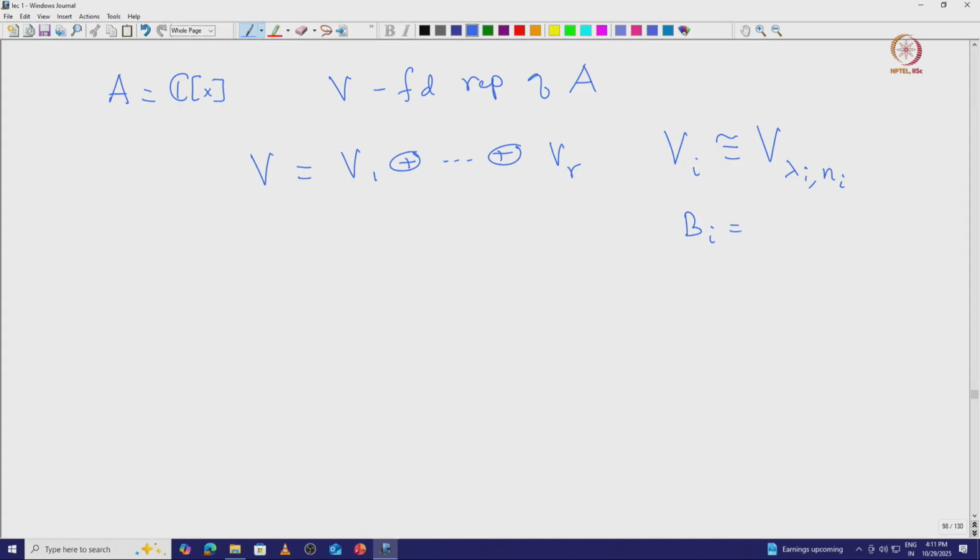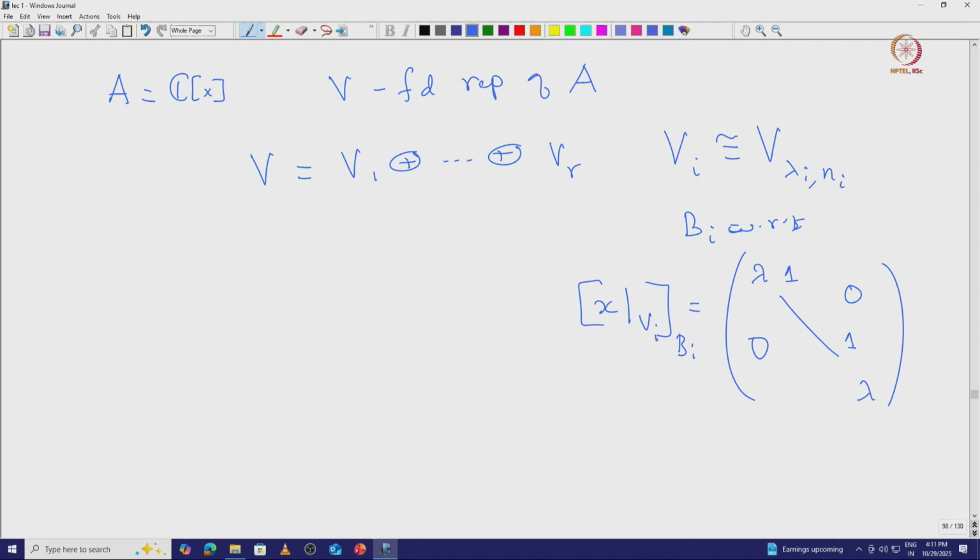So, with respect to that basis, if we write the action of x restricted to Vi, with respect to this basis Bi, you can see this looks like lambda on the diagonal and 1 on the first off diagonal, 0 elsewhere.